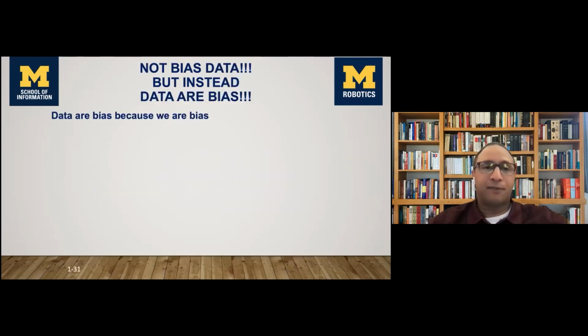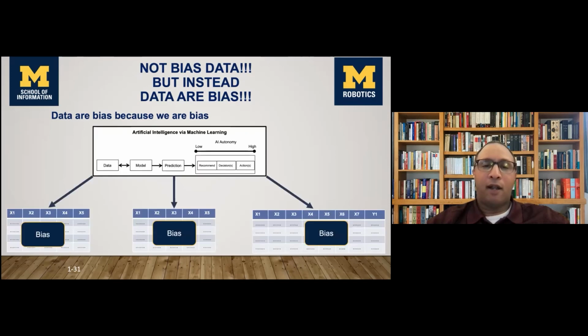So the biases. The problem is that it's not that there's biased data, but instead data are biased, right? So basically, if the actual data is from society, society is biased, right? We are biased people. We live a life.